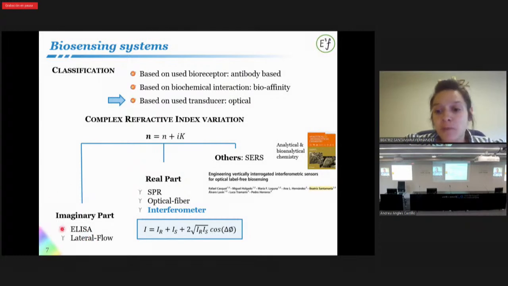The most common and popular biosensors or assays based on the imaginary part are ELISA and lateral flow. And if we base this classification on the real part, we have surface plasmon resonance biosensors, optical fibers, and interferometers, which are the ones that we use in our research lines.